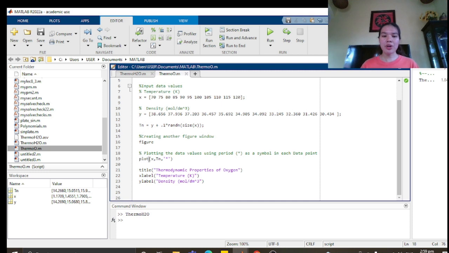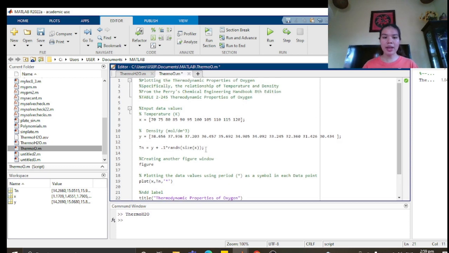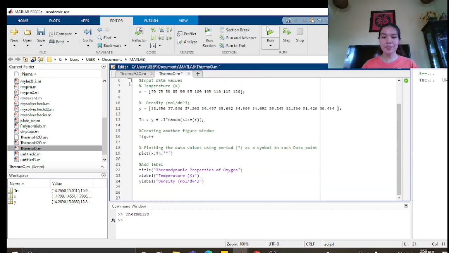So we are going to plot the data values using the asterisk with this command, and we are going to add the labels for the title, for the x and the y axis. So we're going to run this script.